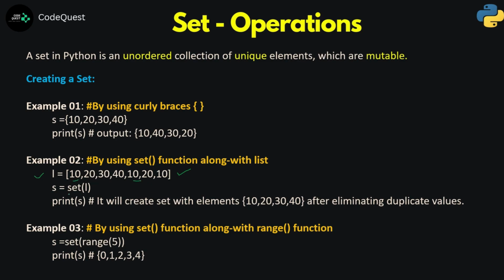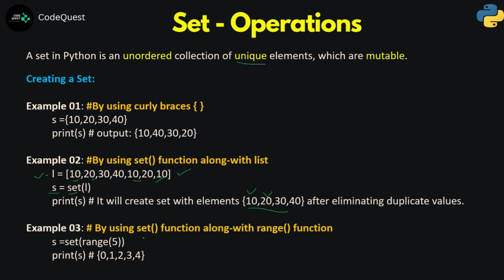But the moment I apply the set function on this list, all the duplicate elements will be eliminated and only one copy of each is maintained. So this S, which I'm creating from this list, is going to carry only these 4 items, because you can see 10 is appearing 3 times and 20 is appearing 2 times. They will appear only once because it is a set, and a set does not allow duplicate elements because it only looks after unique elements.